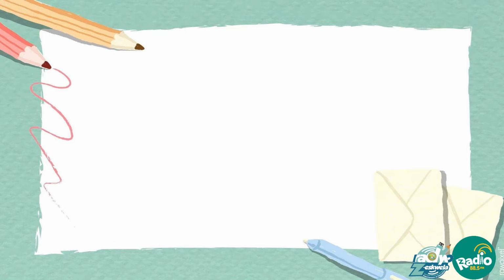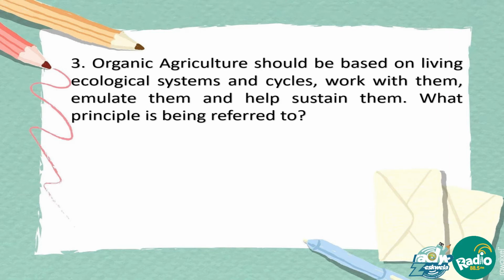Number 3. Organic agriculture should be based on living ecological systems and cycles. Work with them, emulate them, and help sustain them. What principle of organic agriculture is being referred?